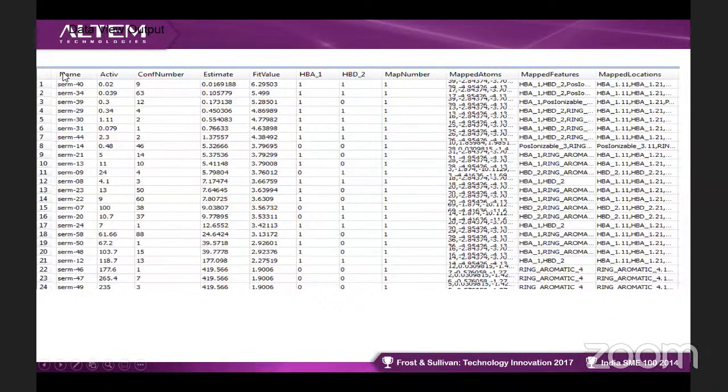So if we say that it is an active molecule, and which conformation is taken, the ninth conformation, I will try to predict the estimated activity value of a fit with your pharmacophore. What is a fit? So here we interpret in terms of fits. The higher the fit, the better the results are. If you have a least fit, the results are really not good. So that is how we have to interpret the results.